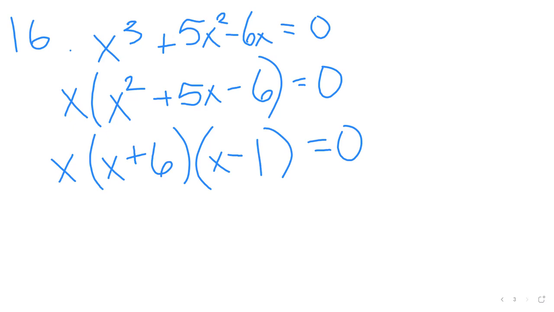Check as you go. If you chose 2 and 3 first and check that, you would see we don't get +5 in the middle. So check as you go to ensure that you've got the right factors. And from here, we would set each of these equal to 0.